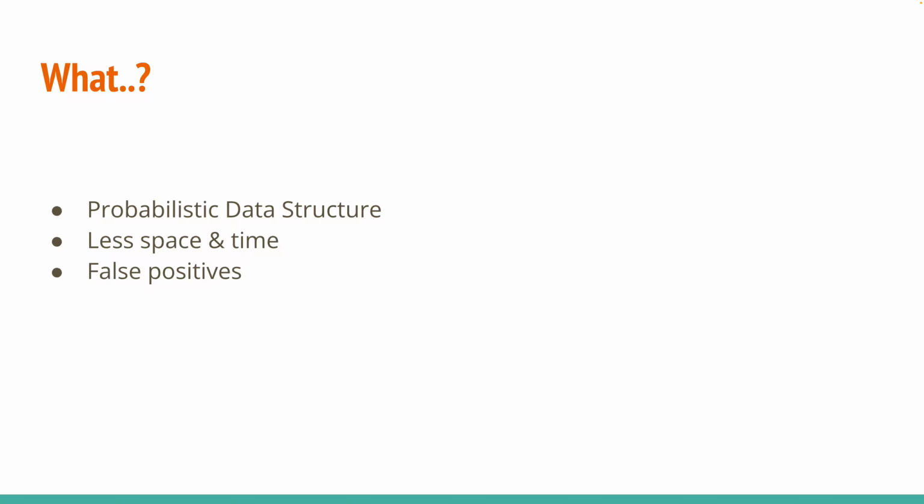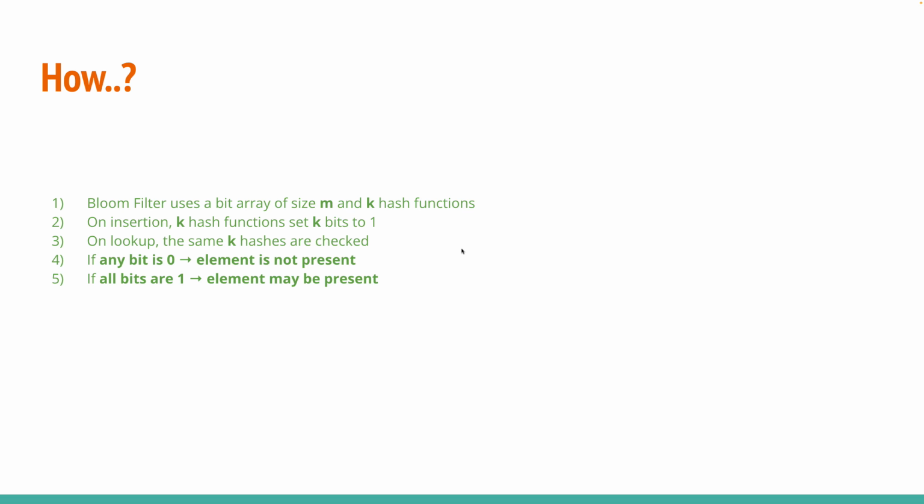So let's see how it works internally. As I mentioned already, BloomFilter uses a bit array and hash functions to achieve this functionality. A bit array is going to have either 0 or 1 at a particular index, right?